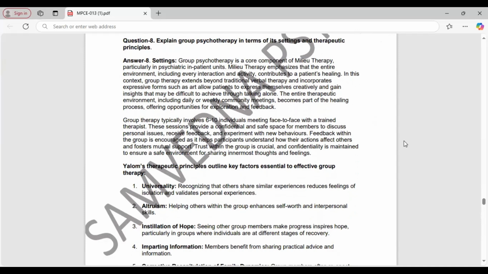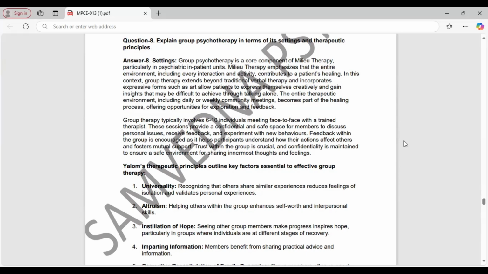The therapeutic environment includes community meetings that enhance exploration and feedback. Typically, group therapy consists of 6 to 10 individuals meeting face to face with a trained therapist, providing a safe and confidential space to discuss personal issues, receive feedback, and experiment with new behaviors. Trust and confidentiality are paramount to fostering a supportive atmosphere.